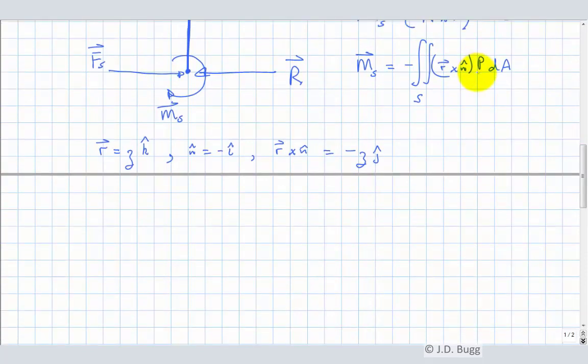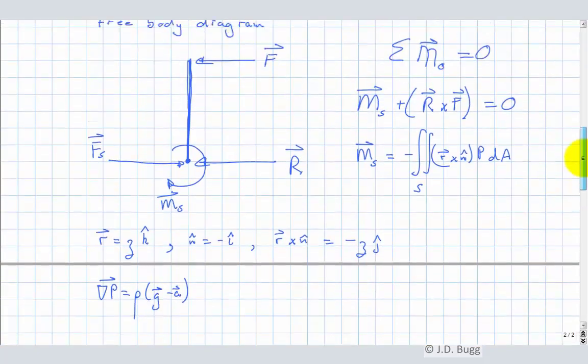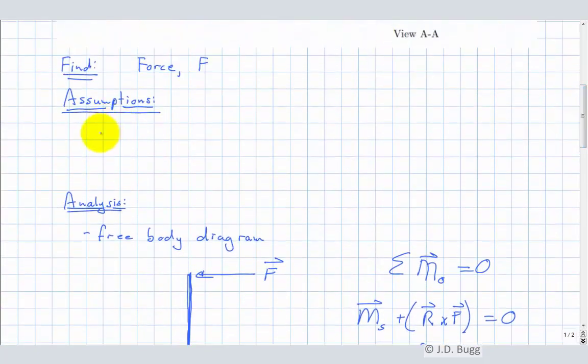The next thing we see in our moment equation is the pressure, and that's going to come from the basic hydrostatic equation. So the starting point is rho g minus a. And as soon as we write down our basic hydrostatic equation, we should go back here and say the fluid is in a hydrostatic state.